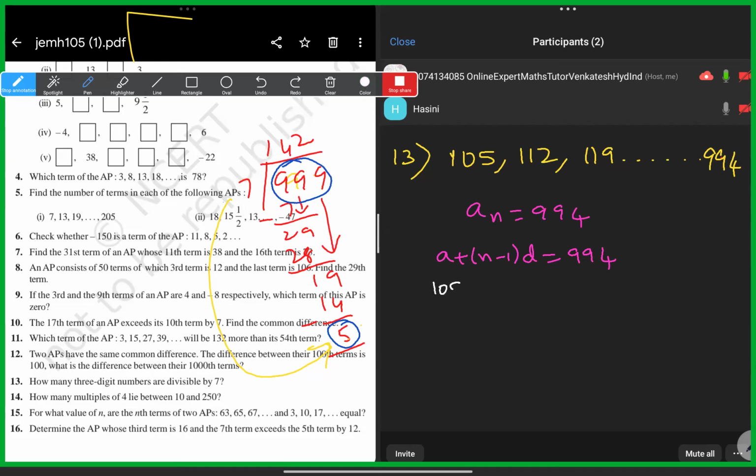So 105 plus n minus 1 into 7 is equal to 994. So n minus 1 into 7 is equal to 994 minus 105.